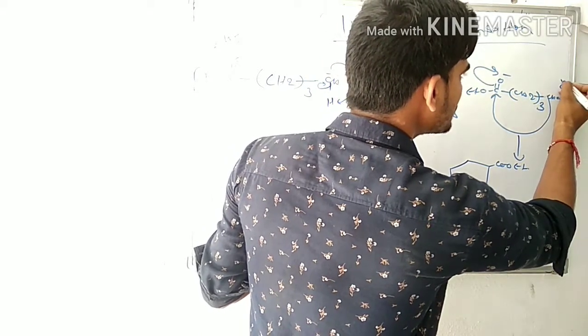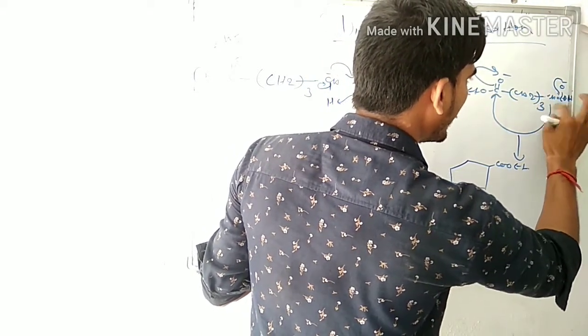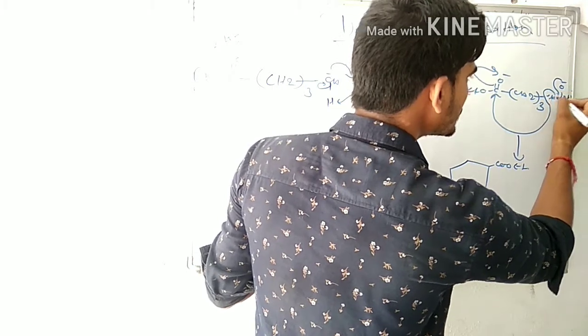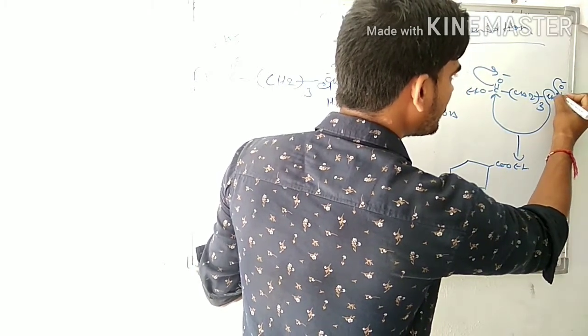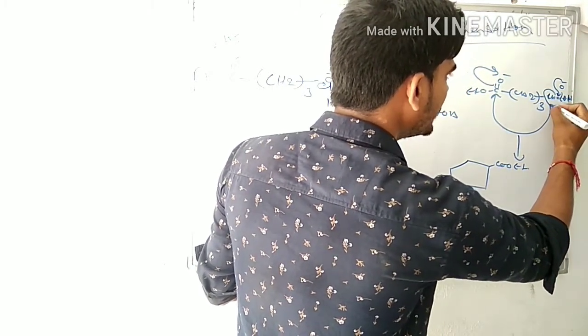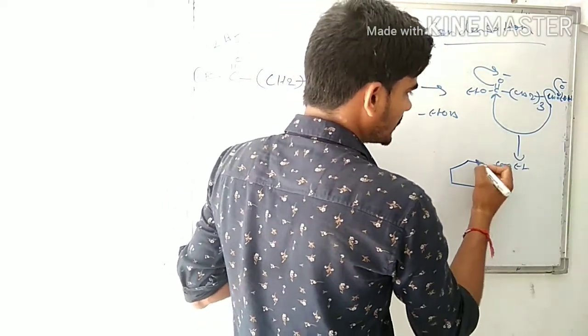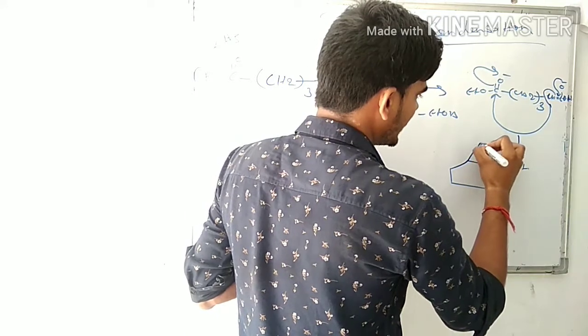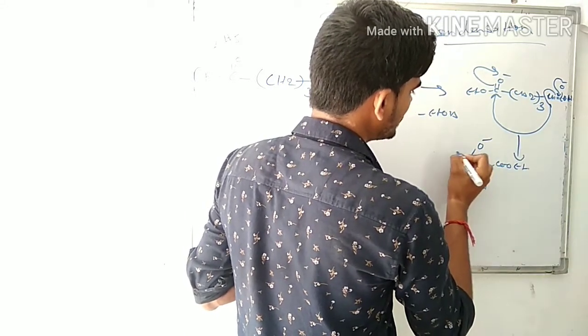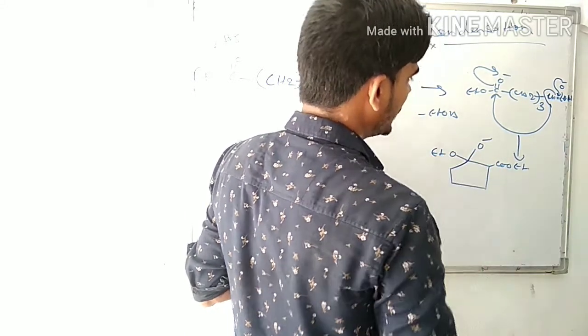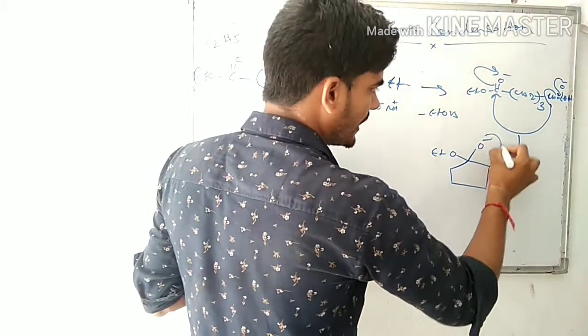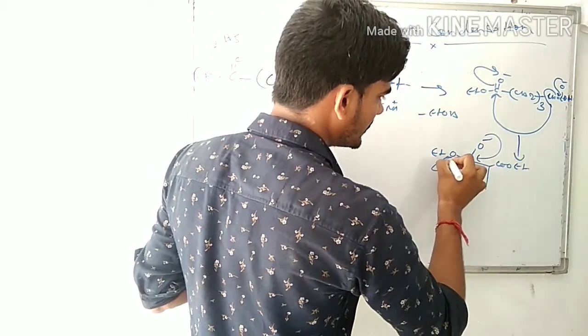Sorry, this bond is moved here and this bond is attacked here to form a cyclic compound, oxygen negative, and at this position OEt. Now this bond is moved here and this is removed.